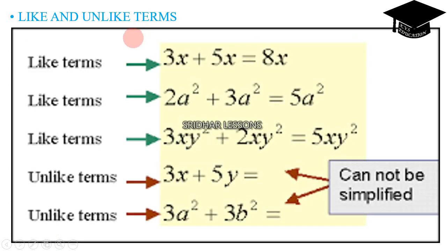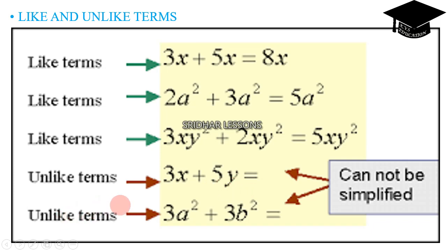Like terms and unlike terms. See this one. These are the like terms. The powers of the variables are the same. 3x plus 5x is equal to 8x. And like terms, 2a square plus 3a square is equal to 5a square. Similarly, 3xy square plus 2xy square is equal to 5xy square. The unlike terms are 3x plus 5y, here we have x and here we have y.